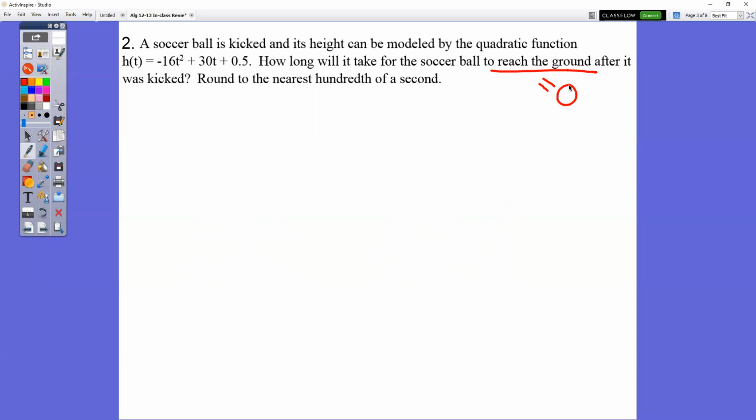If it said to land in a tree 10 feet above the ground, then it would equal 10. If it said land on a table that's 3 feet tall, it would equal 3. Notice that this one says round to the nearest hundredth of a second. Go ahead and try this one, please. You're definitely going to want to use the quadratic formula.